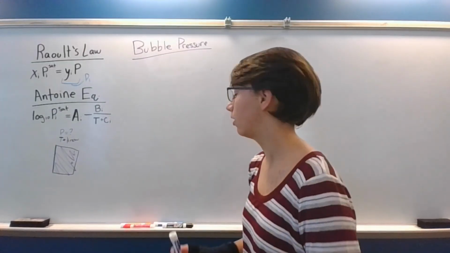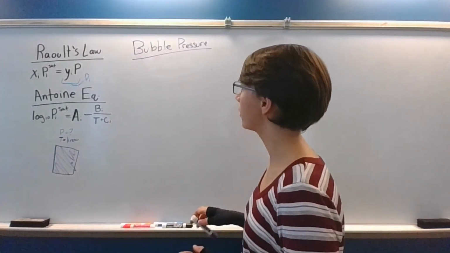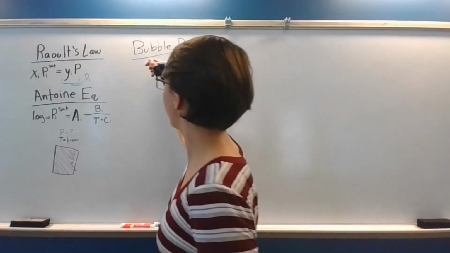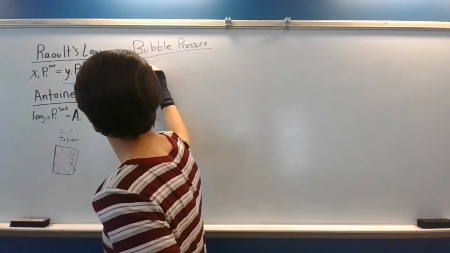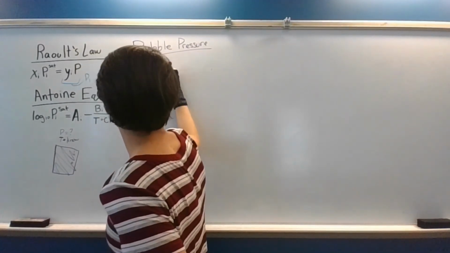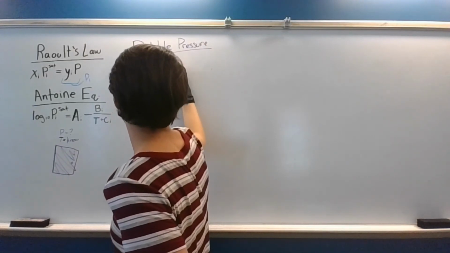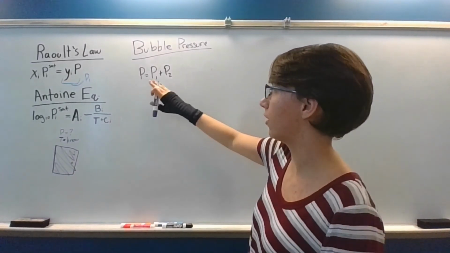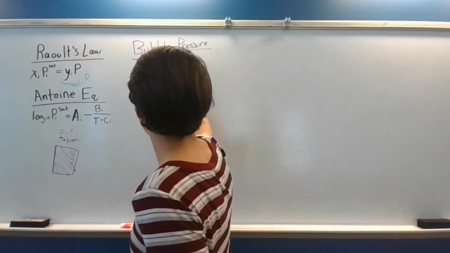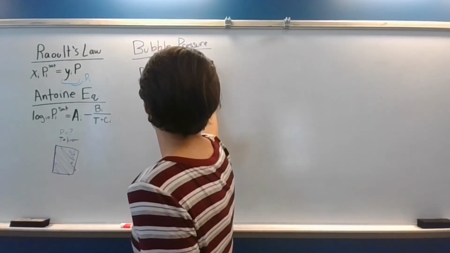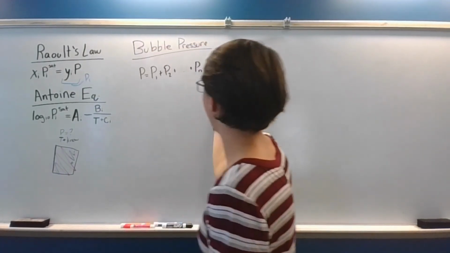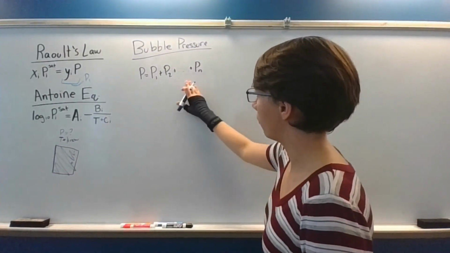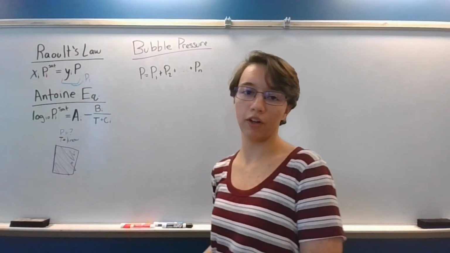So first thing we can know is that the total pressure is going to be equal to the partial pressure of component 1 plus the partial pressure of component 2, all the way until the partial pressure of component N. And well, we know how to find the partial pressures using Raoult's law.